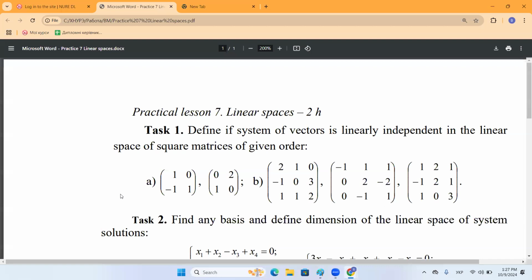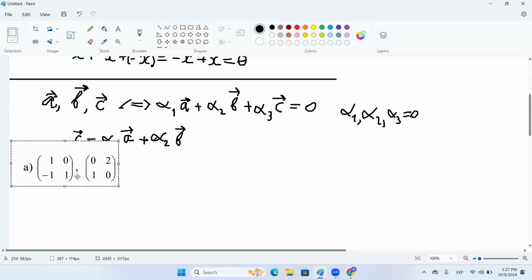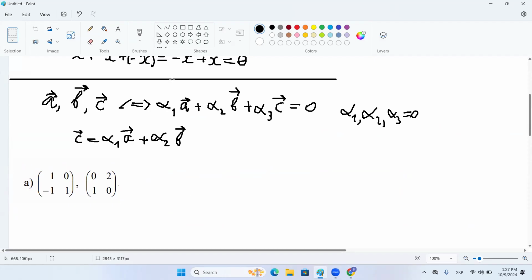Now we will solve only a part. So what do we have to do? We need to check if it's linearly independent.